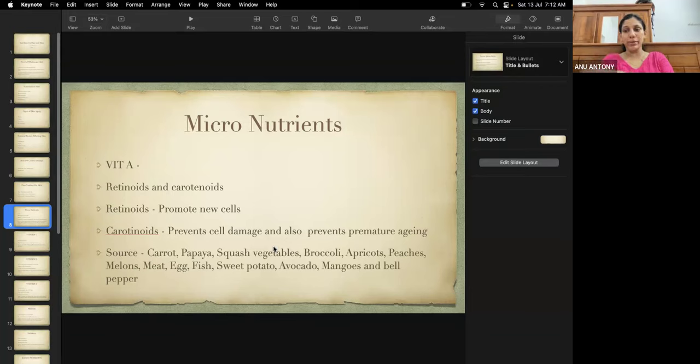Coming to the micronutrients, as I mentioned, vitamins are very important. In that, vitamin A is very essential, because vitamin A is nothing but the retinol we get in serums and all. Same thing as vitamin A. Vitamin A contains retinoids and carotenoids. When we come to the diet part, these are the main contents of vitamin A. The function of retinoids is that they promote new cells.